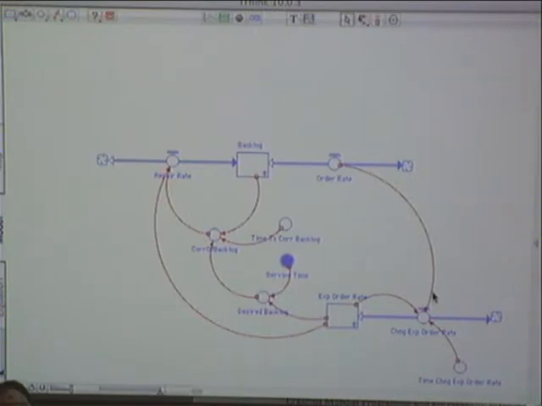What I did was then to say, what must the desired backlog be if I decide on a particular service time? And my claim is that I should take the order rate. I don't have the order rate, but I do have an expectation about the order rate, which I believe should correspond to my repair rate when the system is in equilibrium.